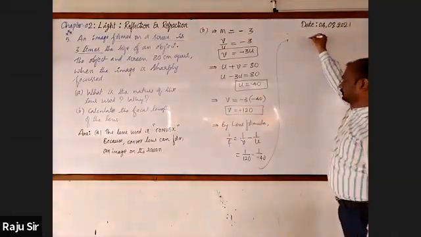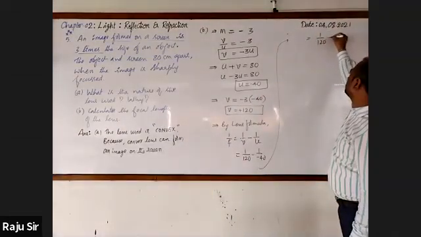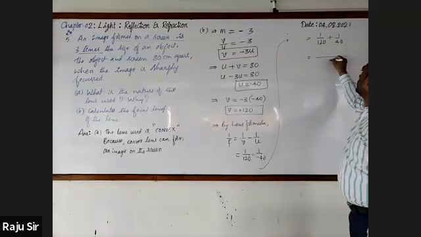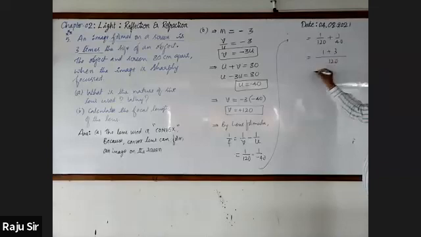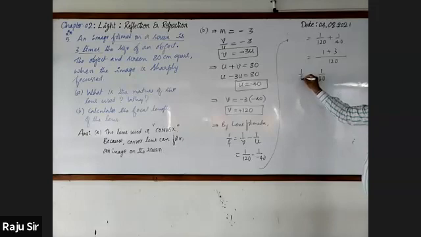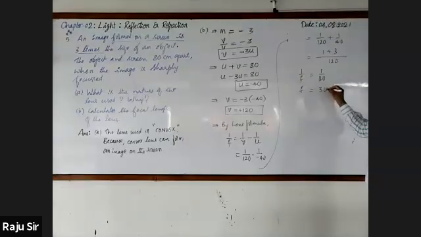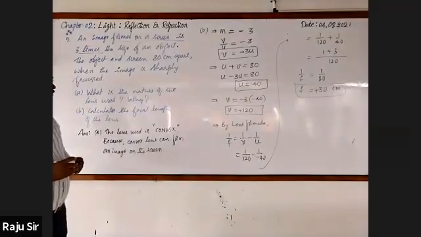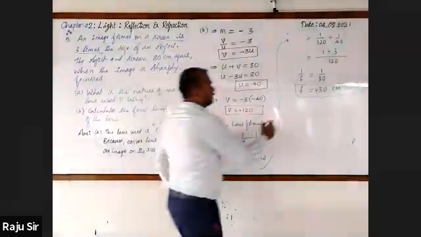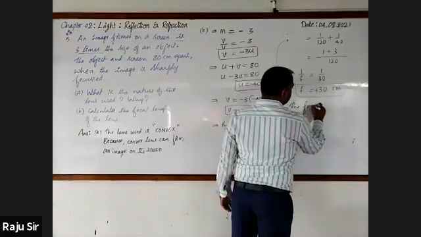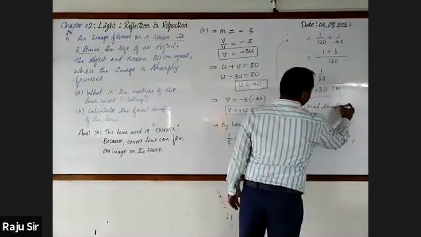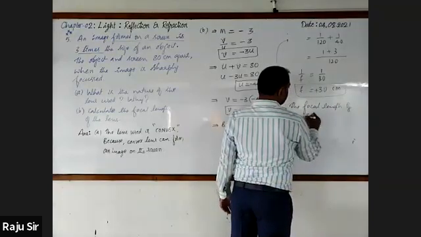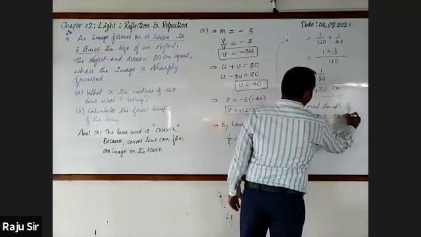Then this is equal to 1 by 120 plus 1 by 40. LCM 120, it is 1 plus 3, which is 4 by 120, which is 1 by 30. 1 by f is 1 by 30, so f is equal to positive 30 centimeters. Therefore, the focal length of the lens is 30 centimeters.